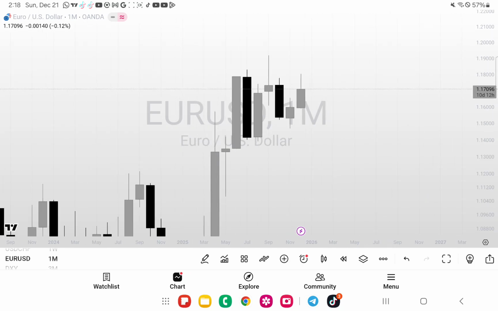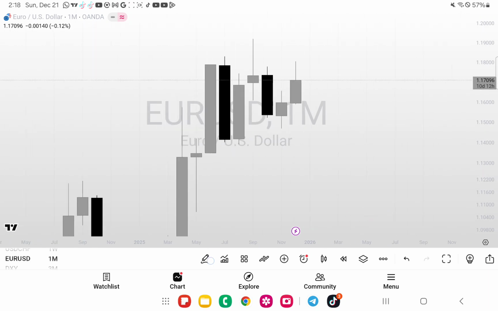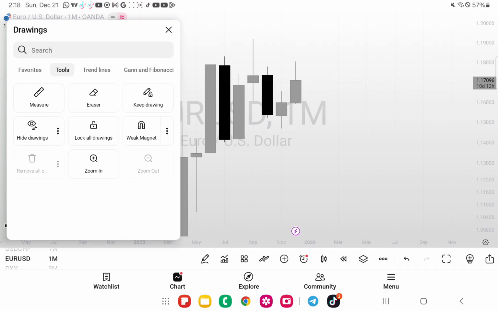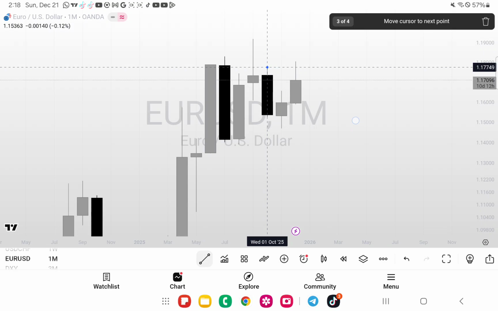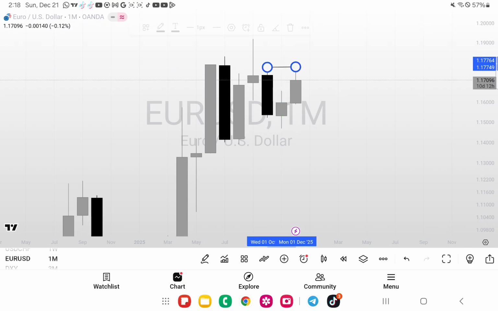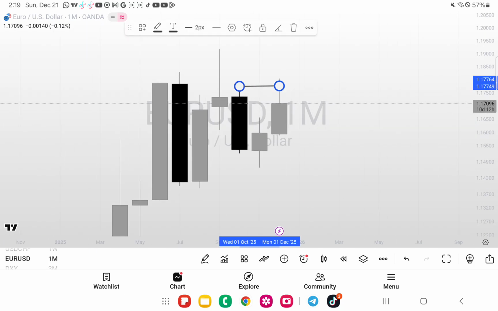This is EURUSD on the 1 month time frame. First we have to mark out the key levels. This is where price is currently rejecting from, this monthly high.